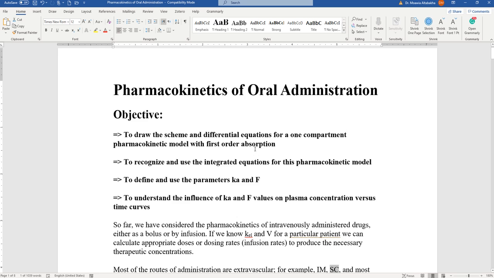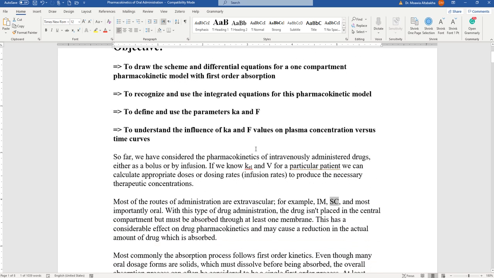Don't forget that here we are talking about one oral dose administration. We haven't started yet talking about multiple dose administration, but you have to be aware and know that the intravenous infusion, is it single dose administration or multiple dose?